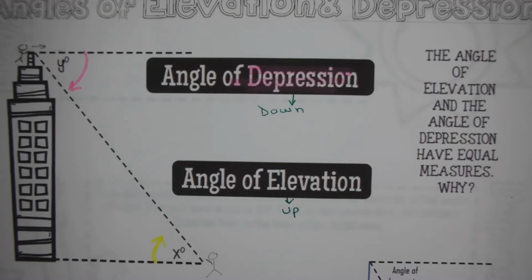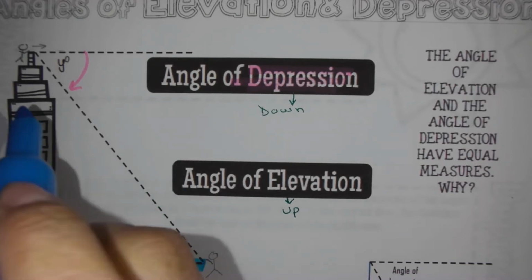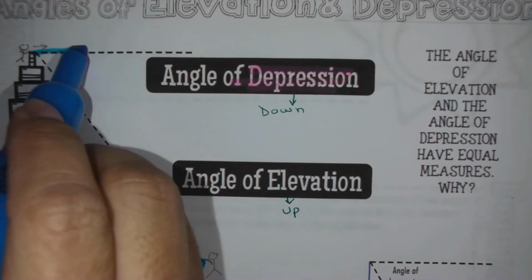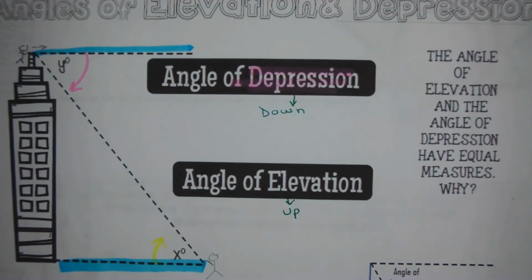I want you to notice something that's happening here. You have two parallel lines. So you have a parallel line down here at the bottom to the line up here at the top. So you're going to start to see something here, I hope.